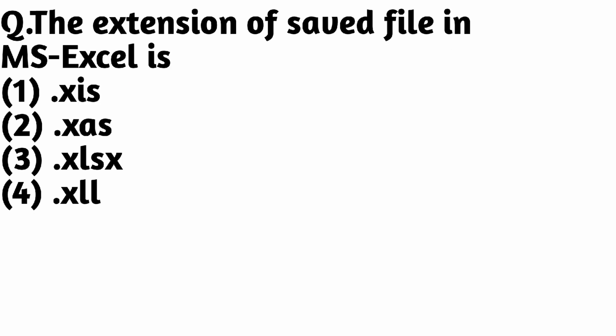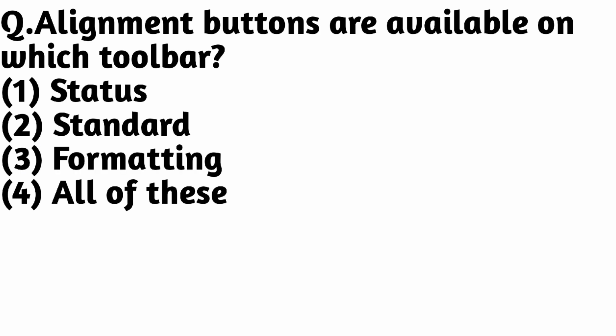The extension of saved file in MS Excel is option 1 .xls, 2 .xas, 3 .xlx, and 4 .xll. The correct answer is option 3 .xlsx. Next question. Alignment buttons are available on which toolbar? Option 1 status, 2 standard, 3 formatting, and 4 all of these.